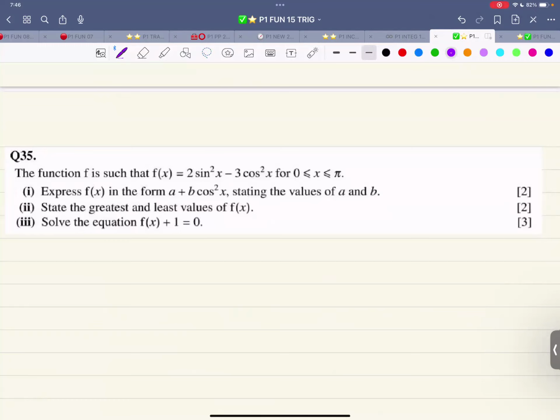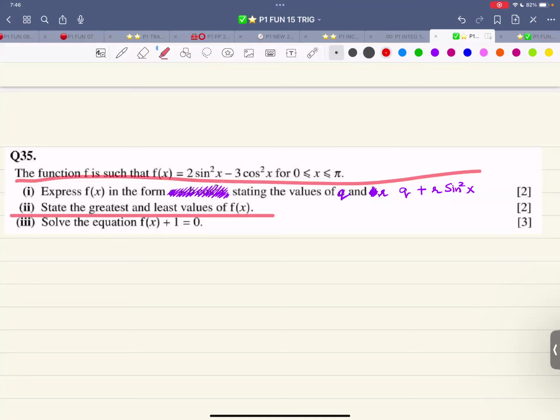Express f(x) in the form, instead of a plus b cos square x, let me write q plus r sine square x, stating the values of q and r. And then we are interested in stating the greatest and least values of f(x). So we are interested in the first two parts like this, and this last part, let me just erase it.